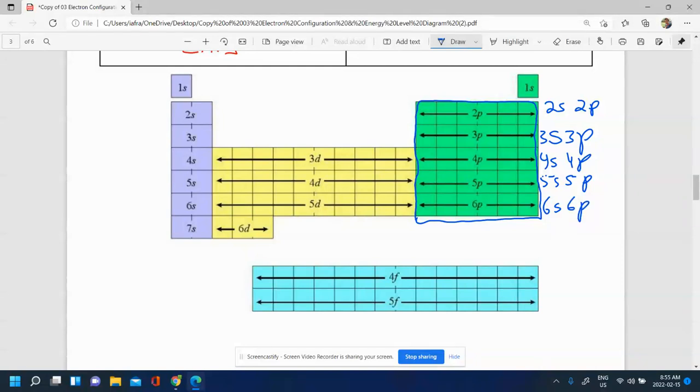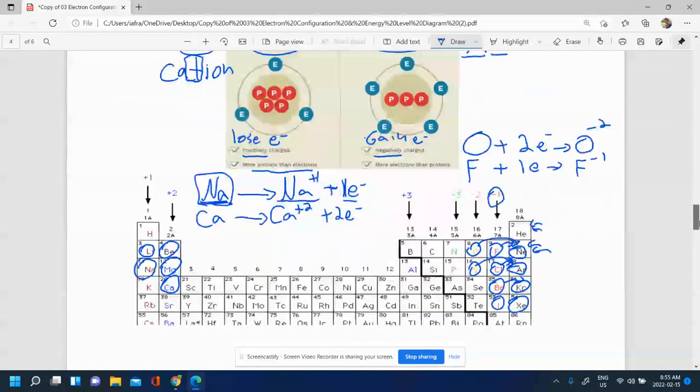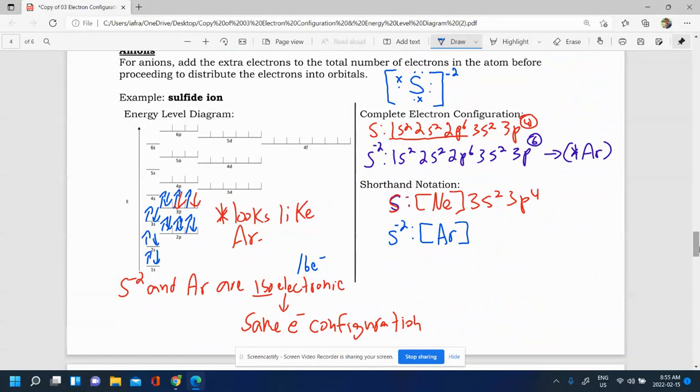So those are your highest energy levels, and those are your valence electrons for the most part. So like we saw in the sulfur example, our valence electrons were the 3s and 3p, and we could fill up the 3p because it was a lot easier to just fill up 3p than to empty the 3p and empty the 3s to get a full shell below.